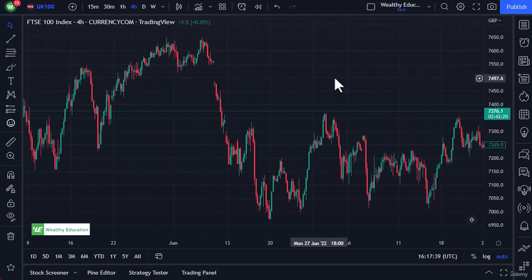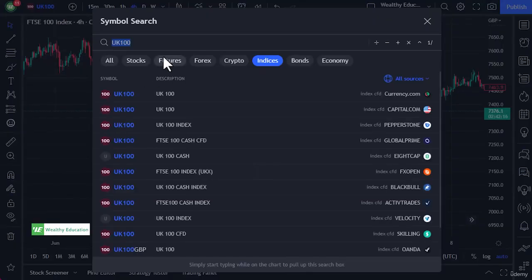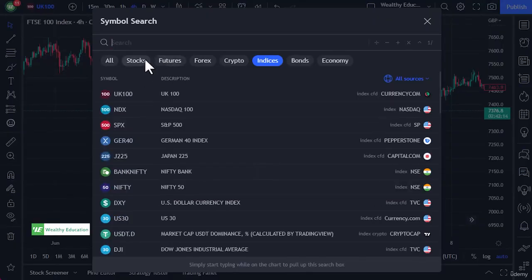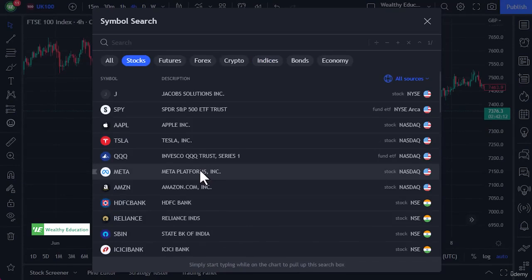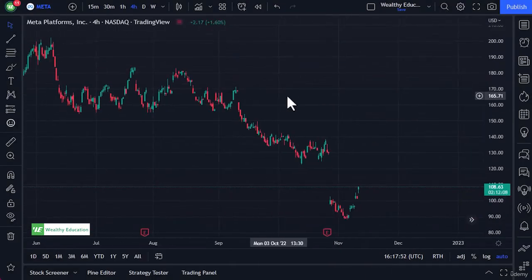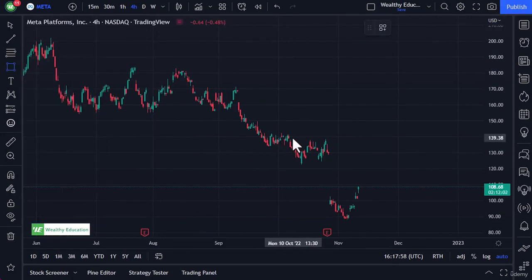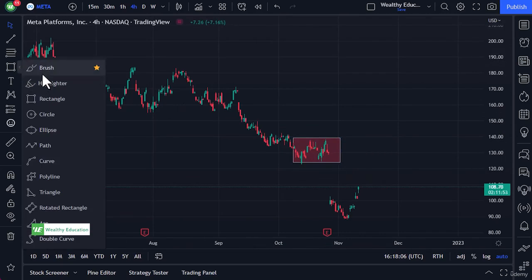So there are a couple of different ways that you can look at various consolidations. So let's just take a look at a stock here. Meta or Facebook. Here is a pattern of a rectangle. You can see it banged up against it 3 or 4 times here. And in this case, the market had been falling, right?